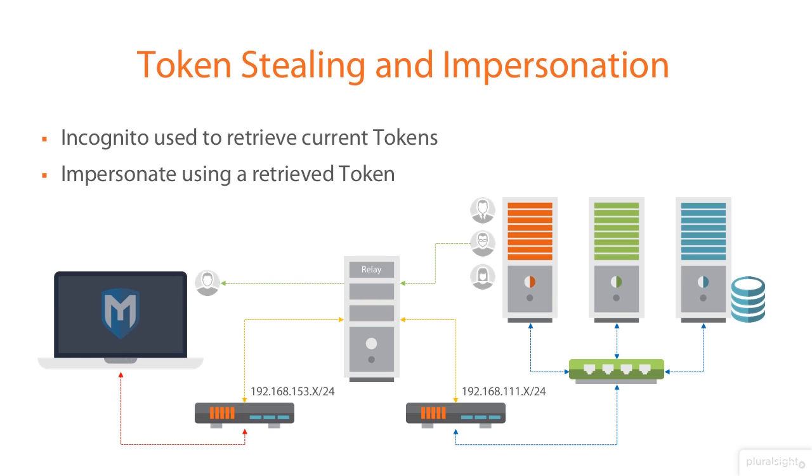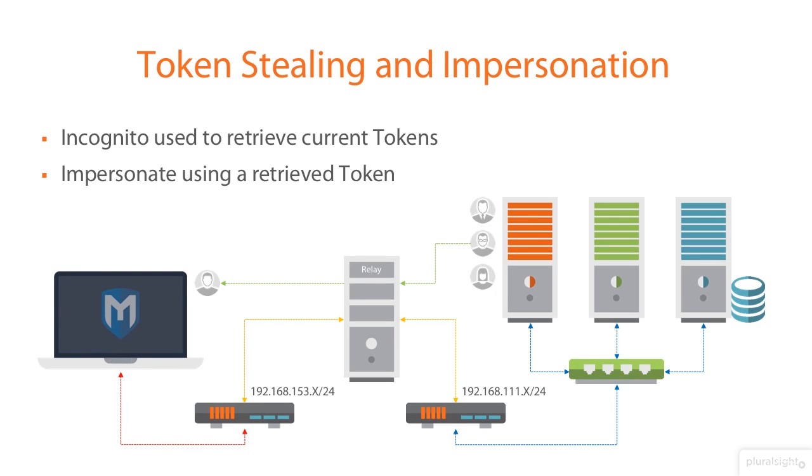So I can then go through and impersonate one of the accounts that reside on those machines, which means that my user account that I may be using already that doesn't really have access to anything is now impersonating the domain administrator, for example. Now, obviously, that's not that straightforward, but the logic still stands. I'm able to elevate my existing account to be something else so that I can then create an account on the domain.